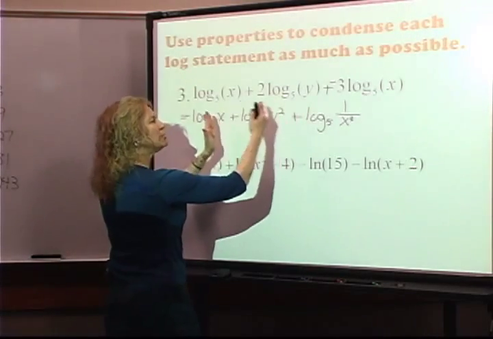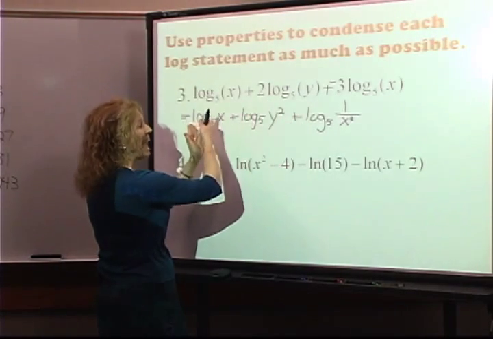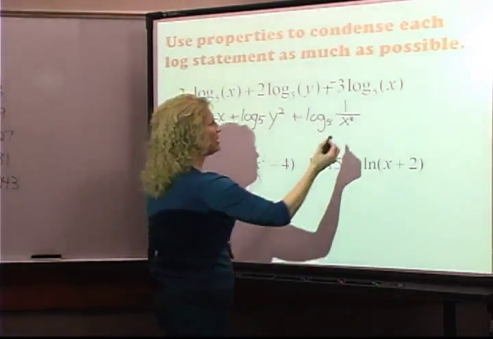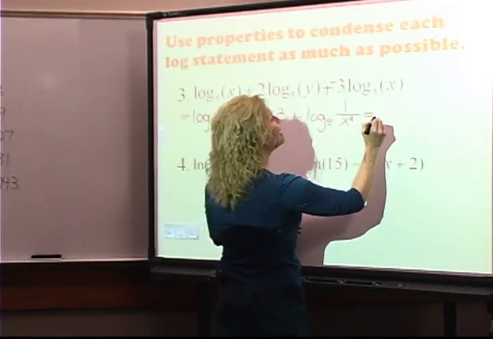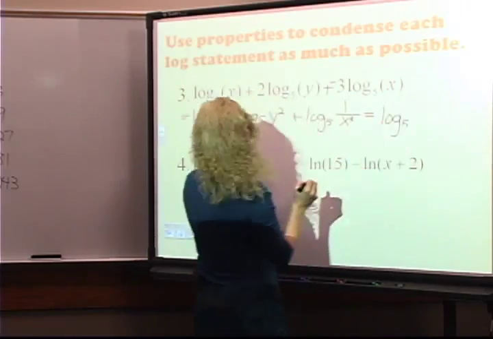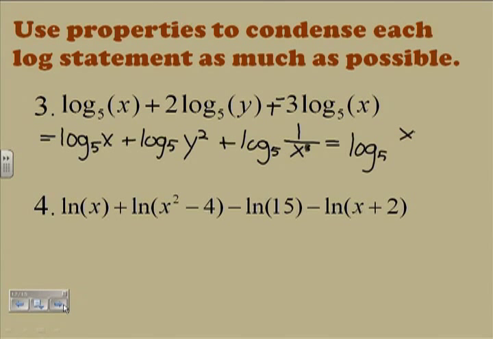And now it's all multiply, because this is all addition and I'm adding exponents, so the multiplication is what was going on, and I get log base 5 of x times y squared over x cubed. Now you might look at that and say, can you cancel an x? Yes, I can. I can make that log base 5 of y squared over x squared. All right? And there are some other ways to leave that.